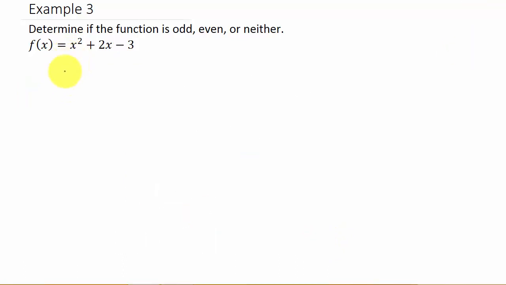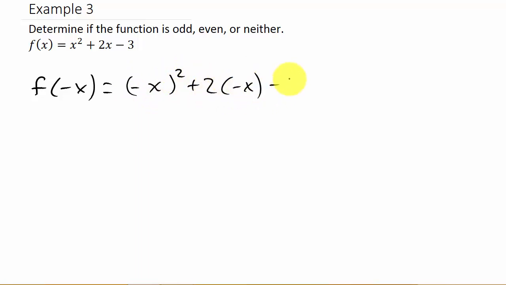All right, so we've got f of negative x, and each x gets replaced with negative x, so that's negative x squared plus 2 times negative x minus 3. Negative x times negative x is x squared, and a positive and a negative is minus 2x minus 3.